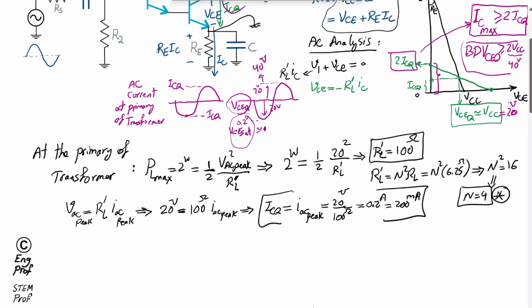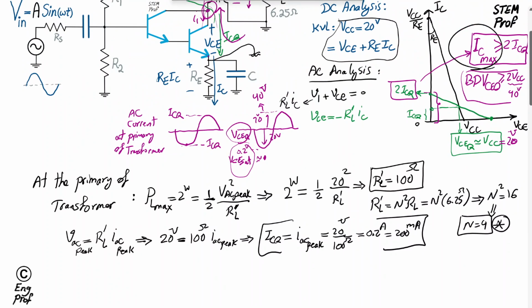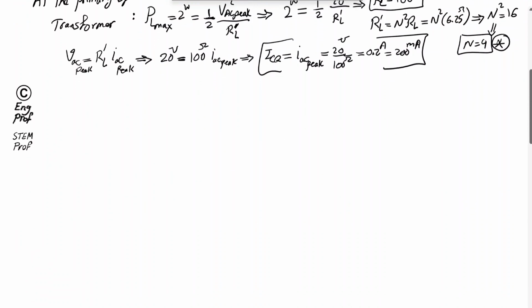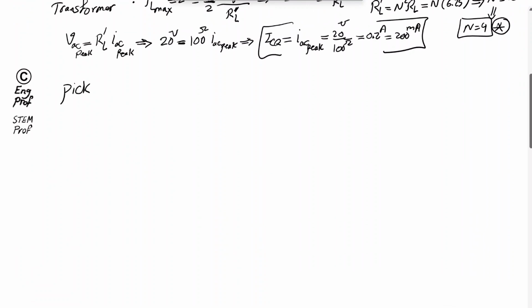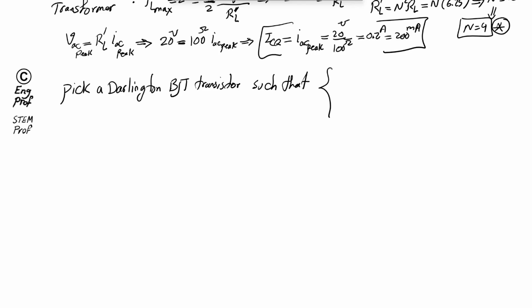Given what we found here, and given the requirement we discussed for the current and the breakdown voltage of the collector-emitter for the transistor, I can say pick a Darlington transistor such that the max current it can tolerate is greater than or equal to 2 times ICQ, which is 2 times 200 milliamp.